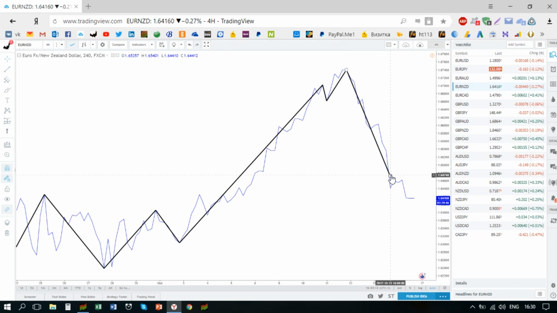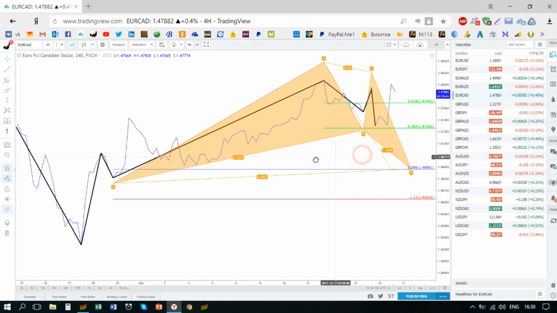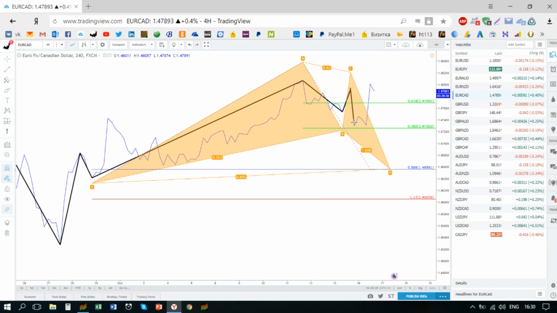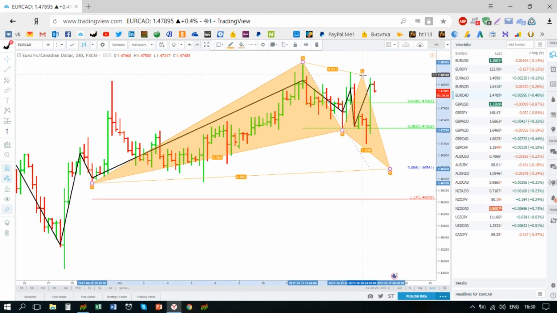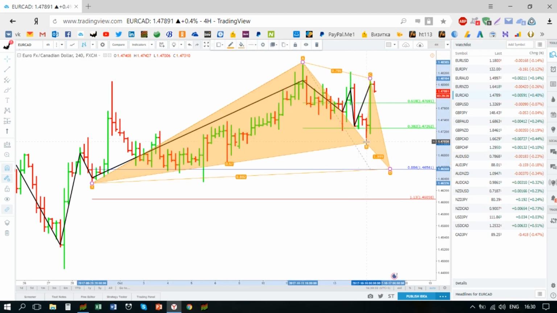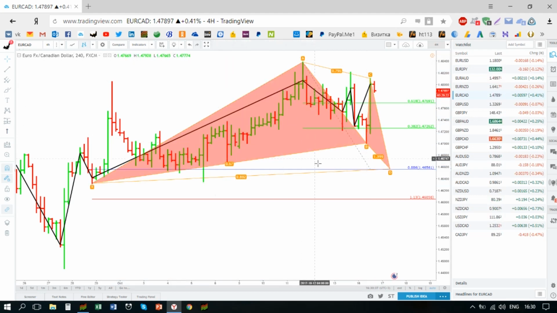Euro New Zealand going lower. Euro Canadian. We have it this way. We didn't break the C point, but it's better if we stretch it this way. Now it turns into a Gartley pattern. If this is a Gartley pattern, then it should be a bit different.